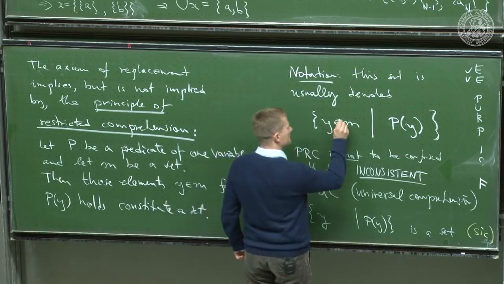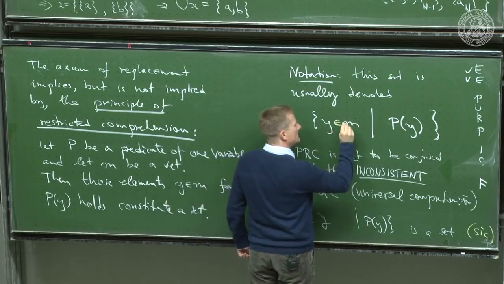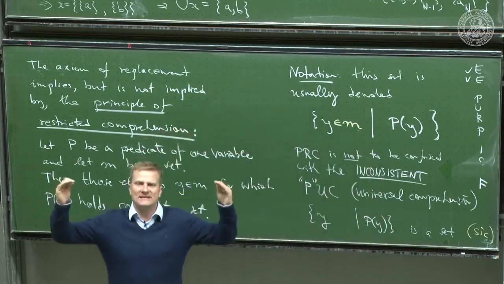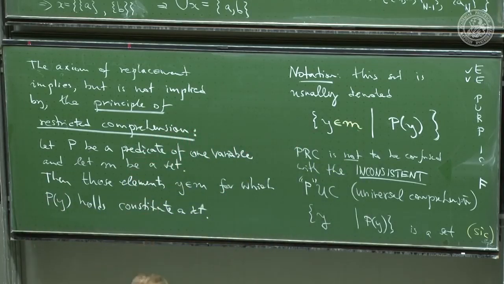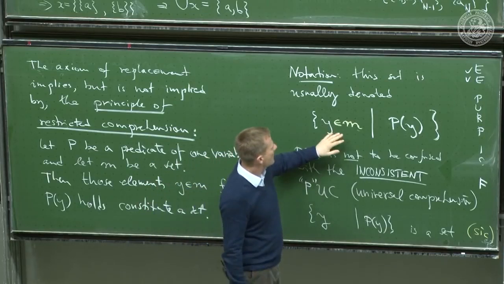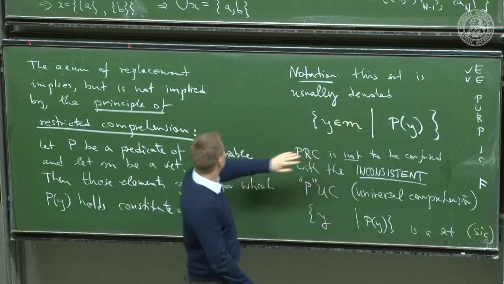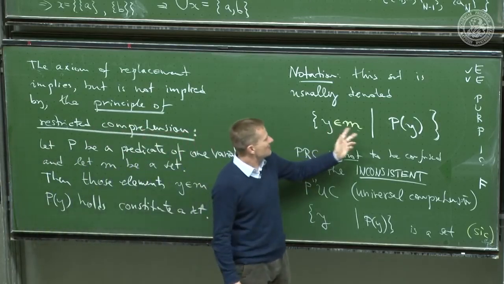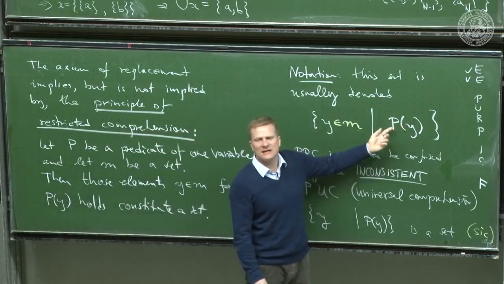Well, the difference is that up here I need to tell from the start a set M from which I select these elements. So intuitively speaking, if M is already a set, which is what is assumed, then this condition can't make it bigger.